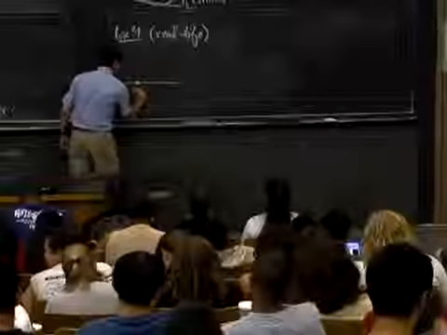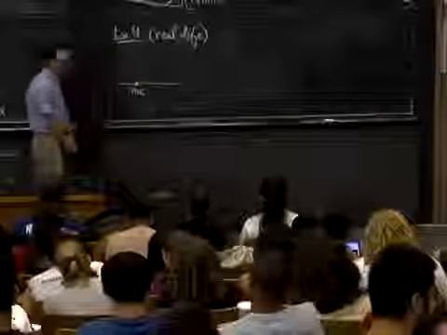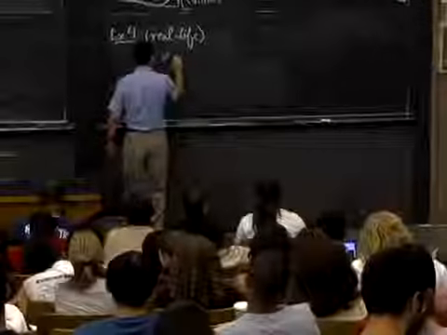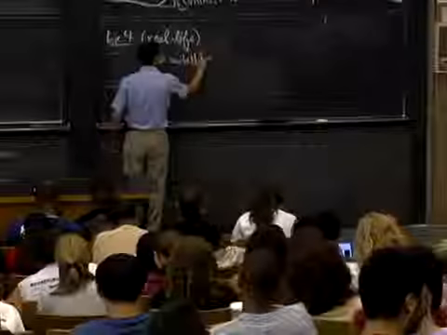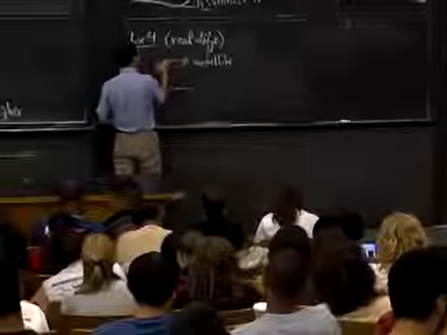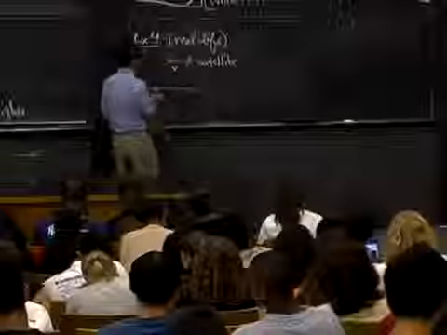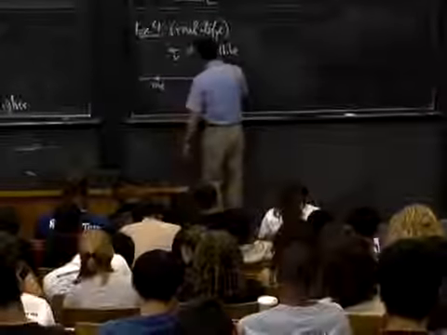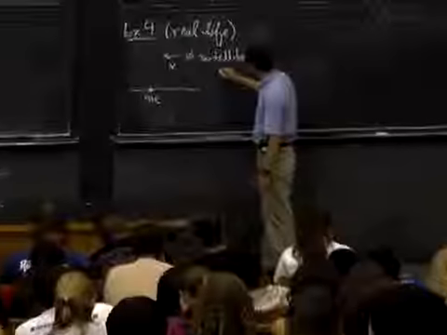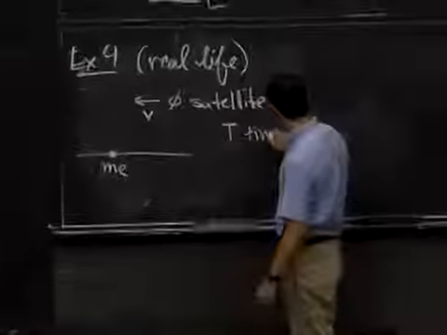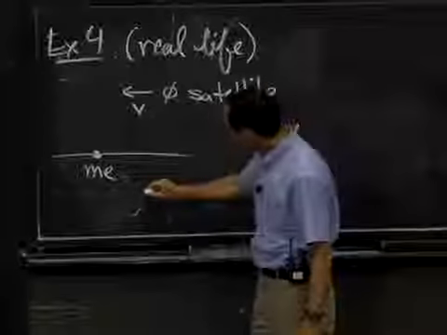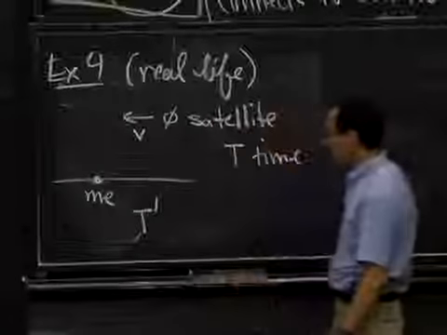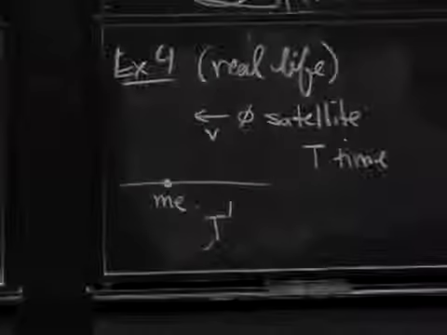So here I am on the surface of the Earth, and here is a satellite going this way at some velocity v, okay? And this satellite has a clock on it because this is a GPS satellite, and it has a time t, okay? But I have a watch, in fact, it's right here, and I have a time which I keep, which is t prime.